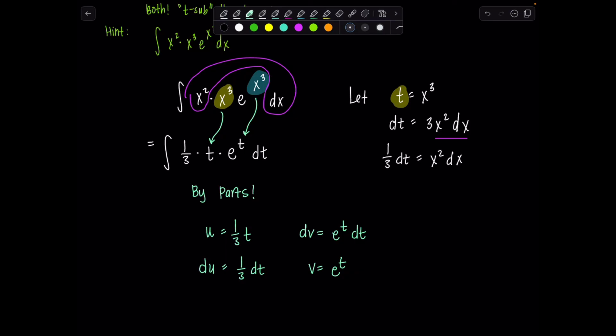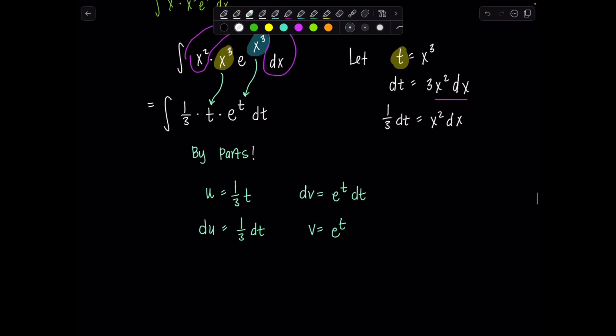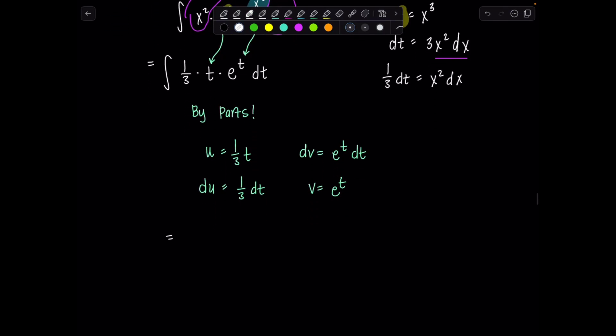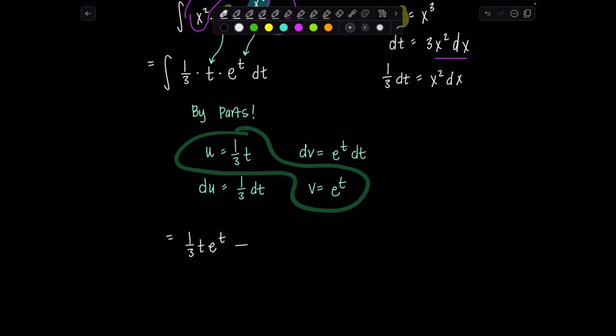Very good. Okay, so let's put it all together. We have now u times v, so that'll be 1/3 t e to the t minus the integral of v du, which is 1/3 e to the t dt.